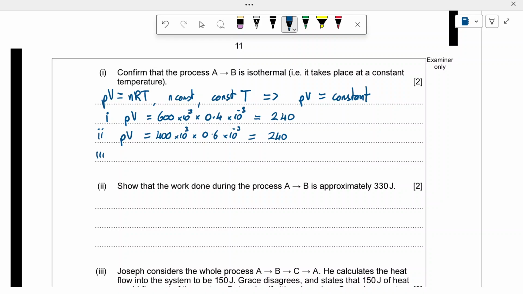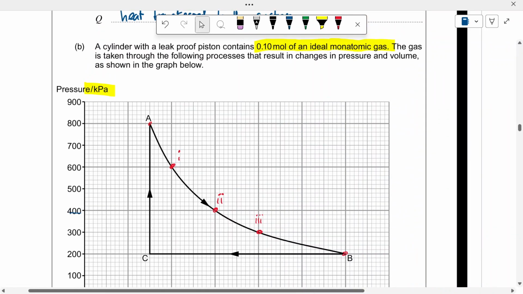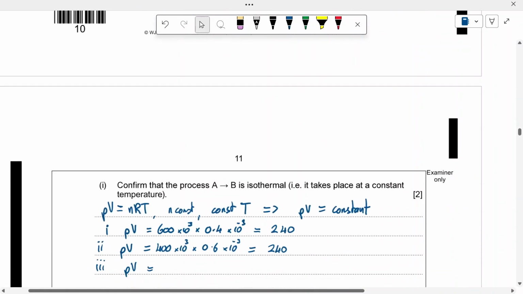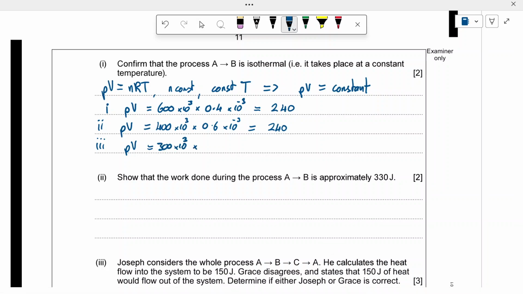And finally at point 3, 300 and 0.8, which conveniently also gives 240. So PV constant, which implies constant temperature.